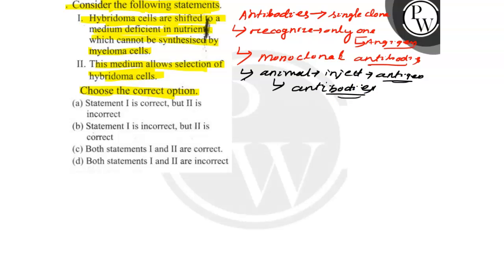The antibodies against the antigen are created in the B lymphocyte cells in the spleen of the animal.